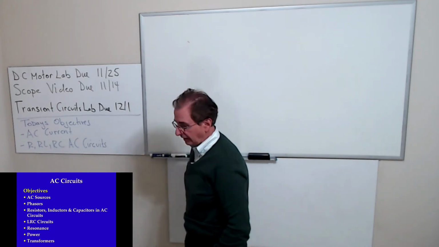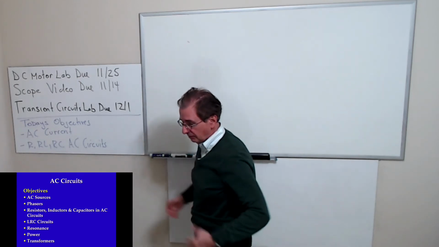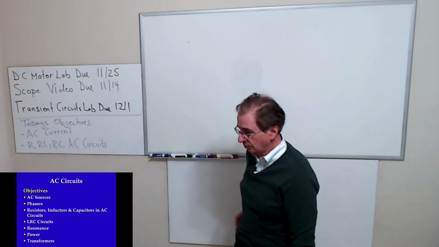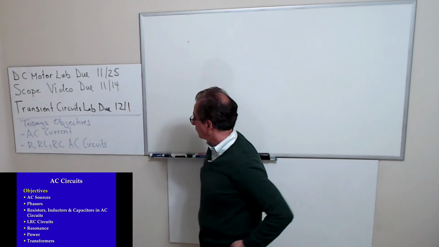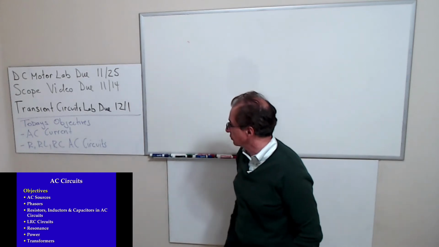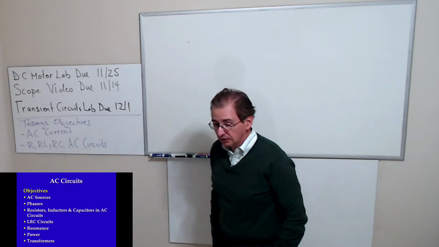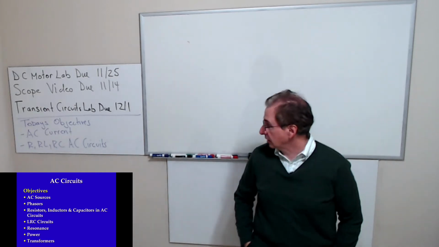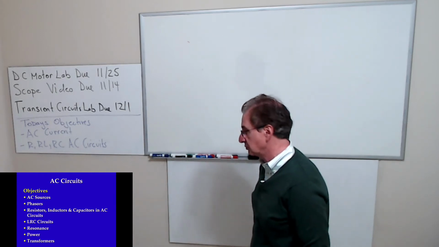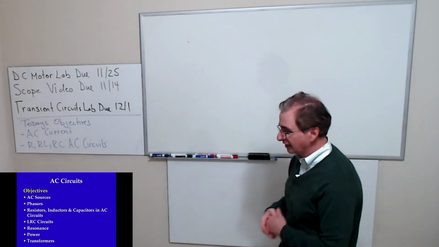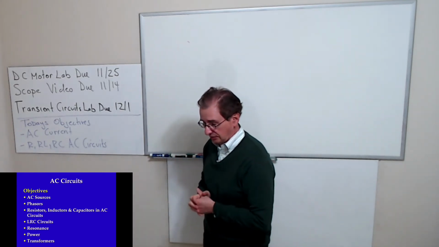That shouldn't take very long, because all you have to do is show me that you know how to measure a signal on the scope. And the transient circuits lab is due on December 1st. Today I want to talk about AC current and RL and RC circuits. Next week I'll do the main one, which is the RLC AC circuit, and there's going to be a lab associated with it.